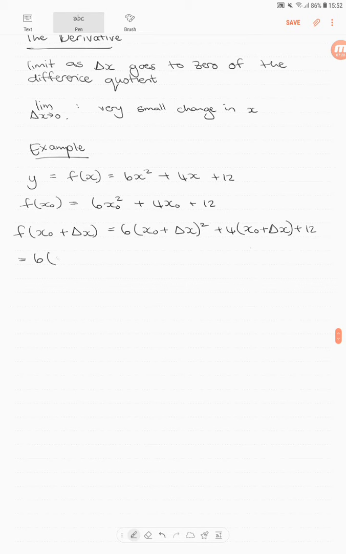So this will be 6 times x0 squared plus 2x0 delta x plus delta x squared, plus 4 times x0 plus delta x, plus 12.